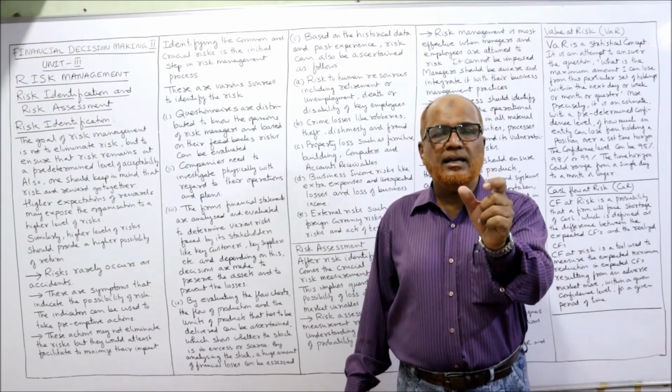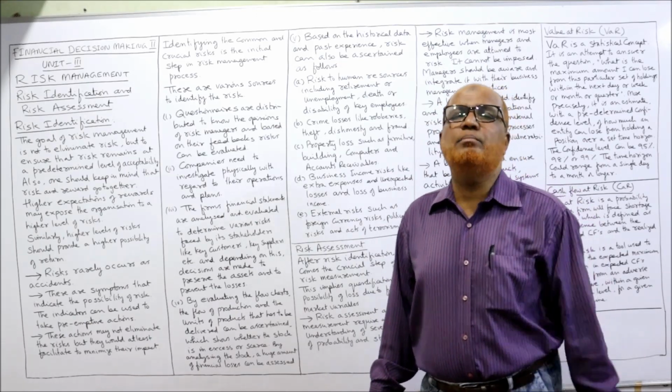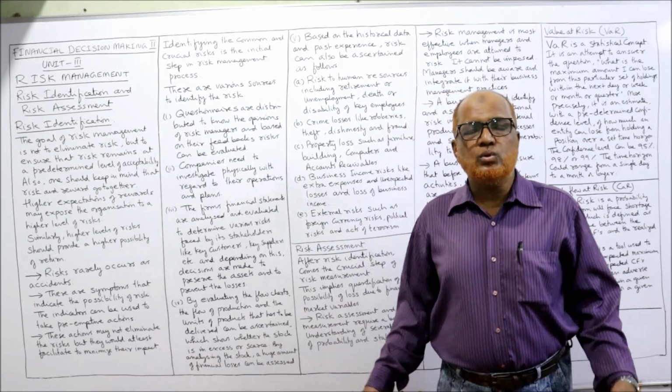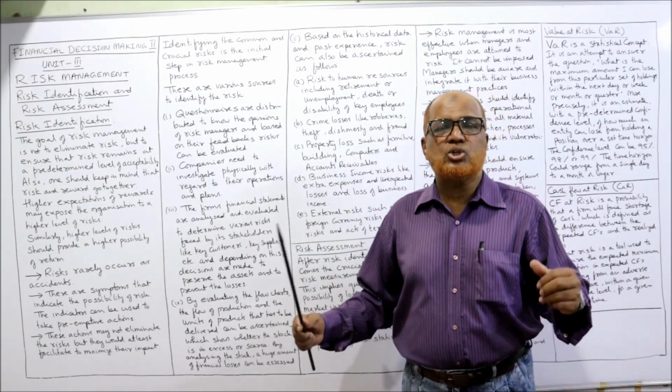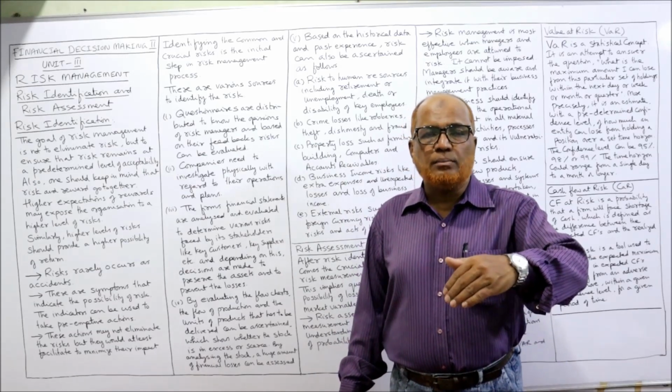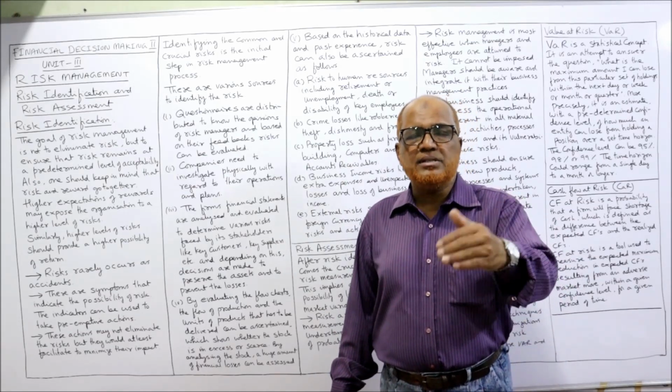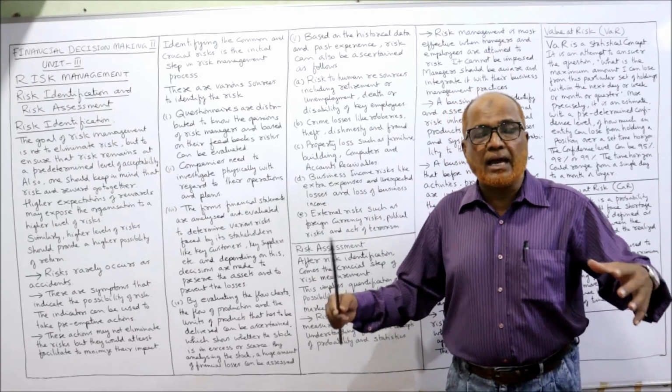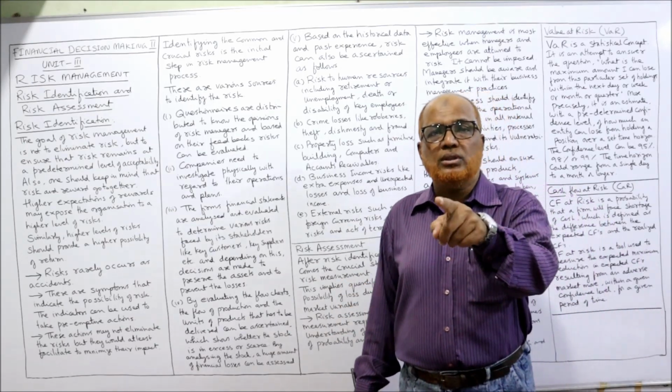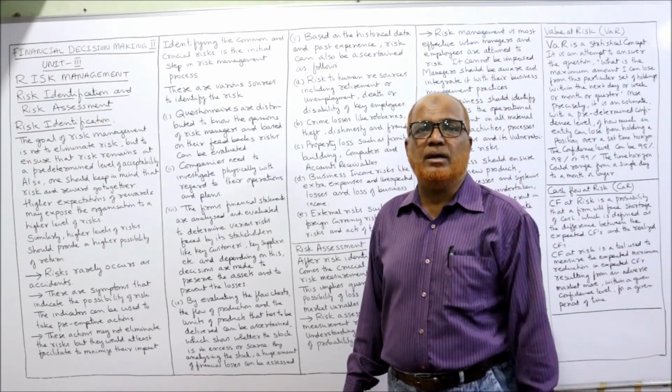By seeing those indicators, the business has to take some preemptive action. Prior to some loss taking place, the business has to evaluate what actions to take so that the loss is minimized.